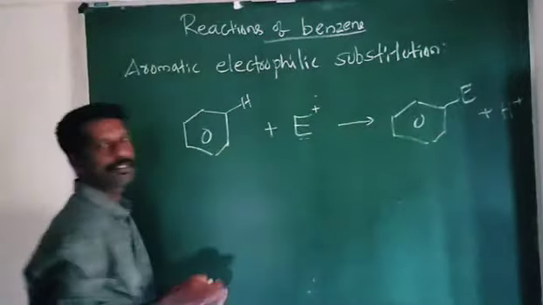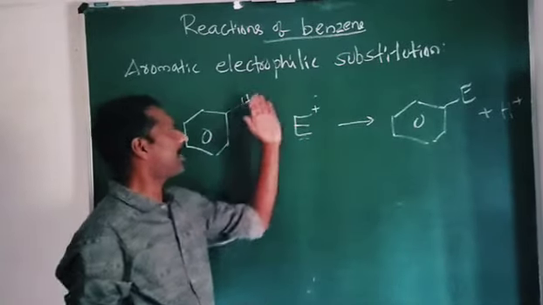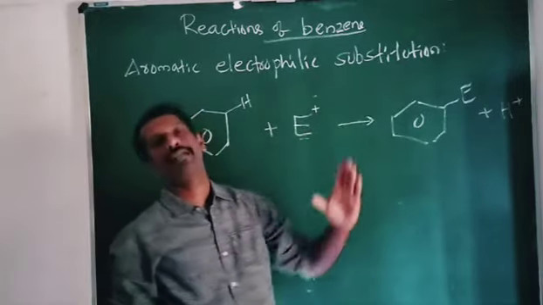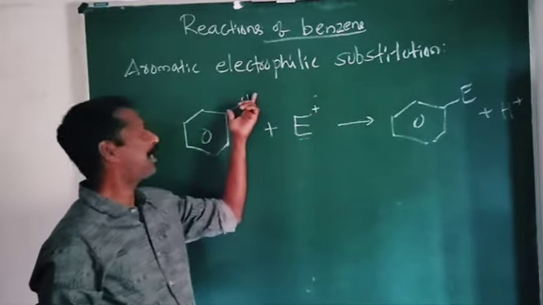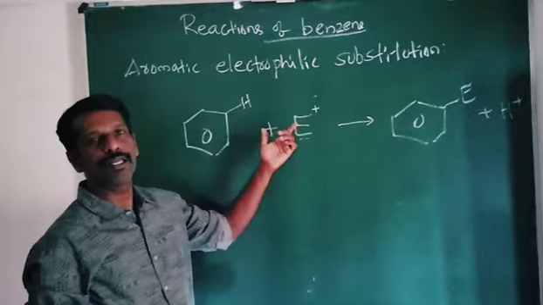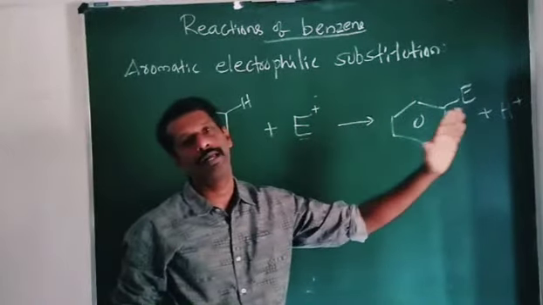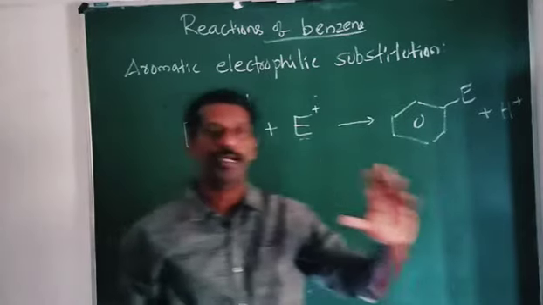That means E plus is attached and H plus is removed. That is what is known as an electrophilic substitution reaction. One electrophile is attached to benzene, and simultaneously a proton, that is another electrophile H plus, is removed.